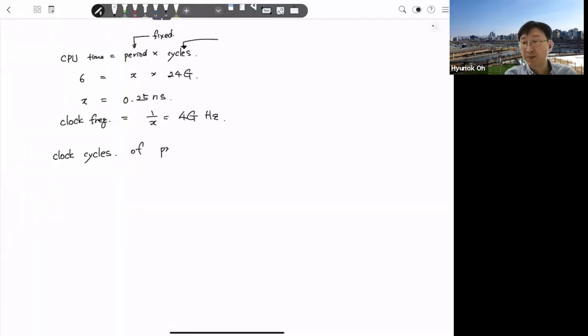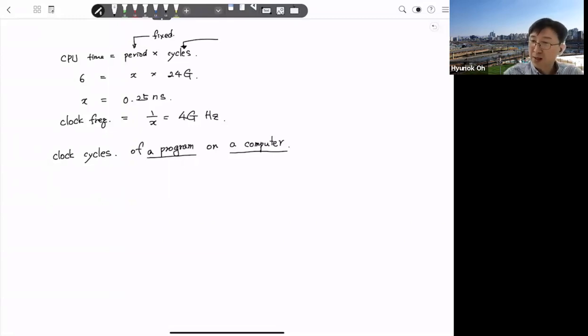If we are running a complicated program, then it requires more clock cycles. And it also depends on the computer system. So for each program and each computer system, the number of clock cycles changes.